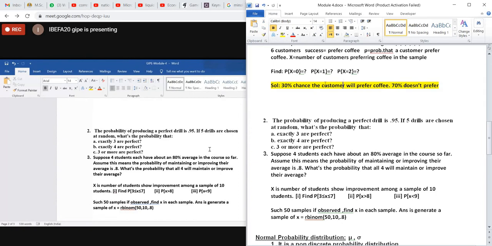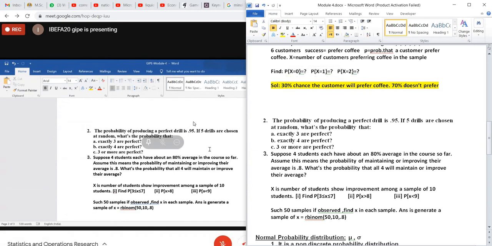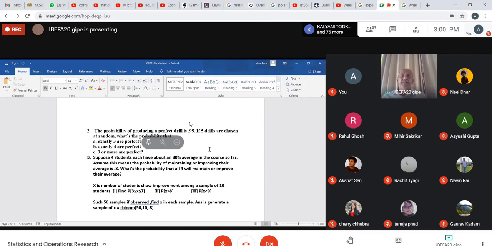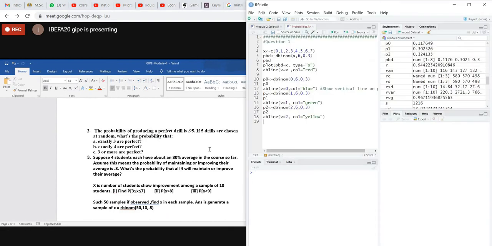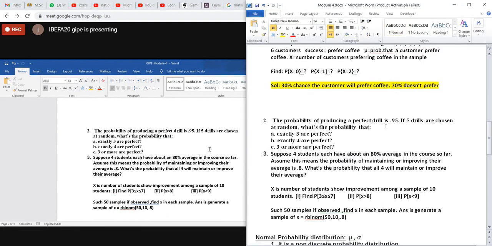n is 5 drills. Small p will be 0.95. X is the number of drills that are perfect among 5. Sir, it would be 5C3, 0.95 to the power 3 and 0.05 to the power 2.